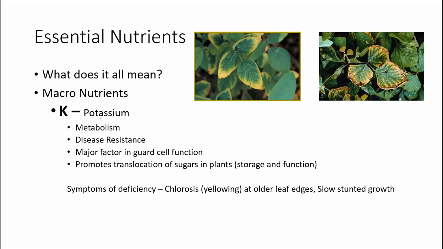Potassium is needed for metabolism and disease resistance. It's a major factor in guard cell function, and it promotes translocation of sugars in plants for storage and function.